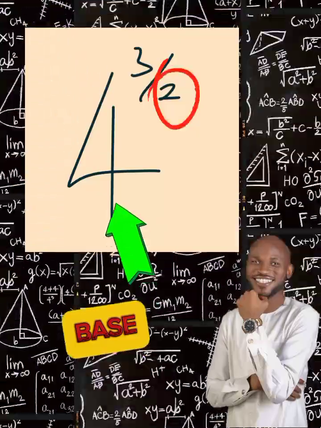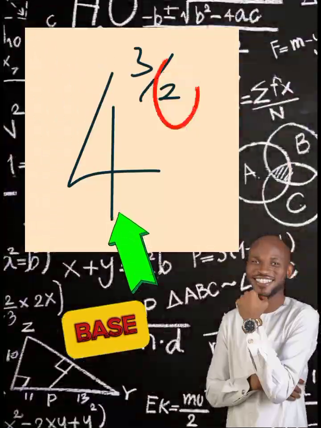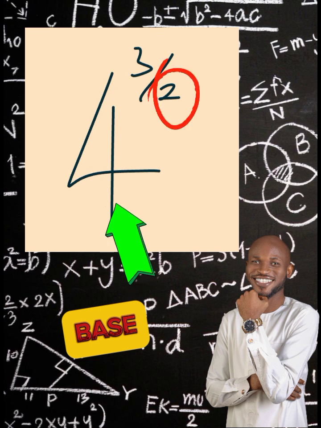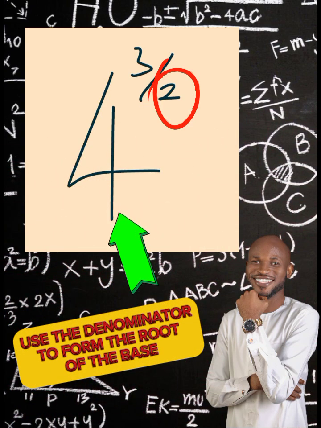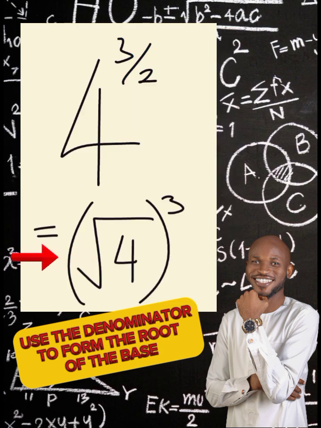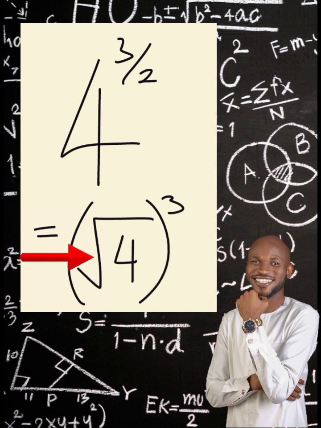So the denominator is going to form the root of the base. So it means that you're going to make 4, now 4 raised to the power of 3 over 2, the denominator is going to be what? The root of the base. Therefore, we're going to be having the root of 4. So you just put down the root of 4.